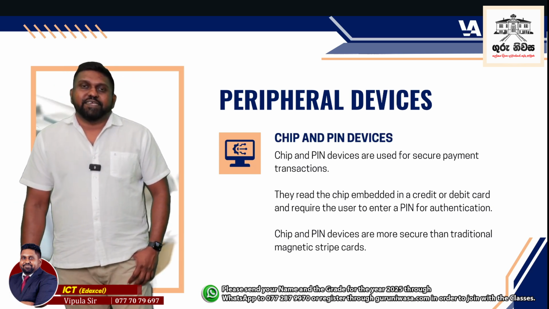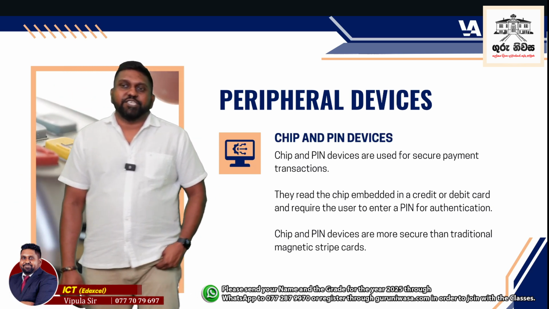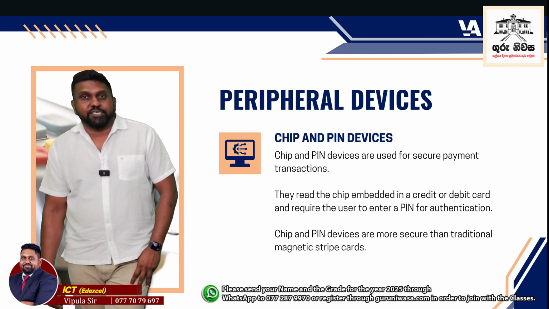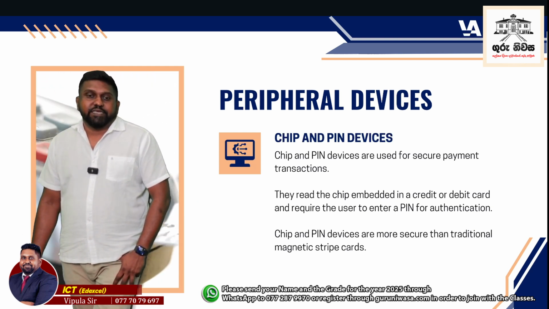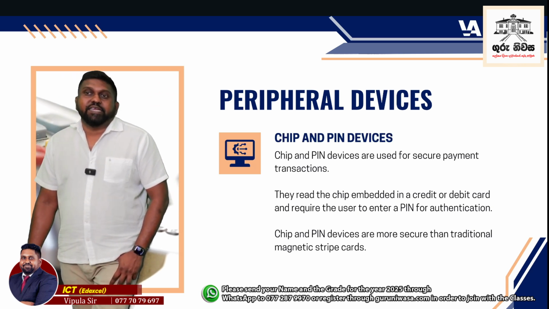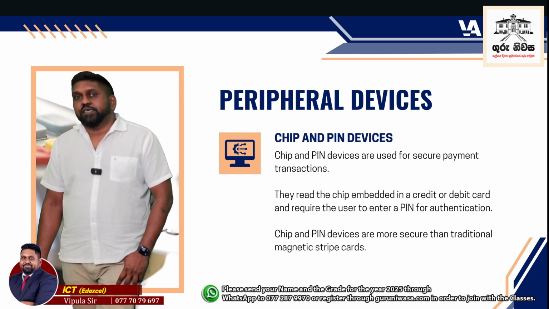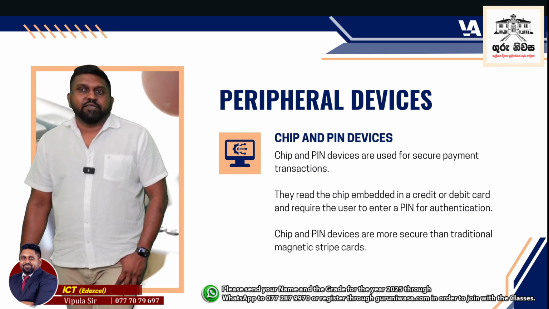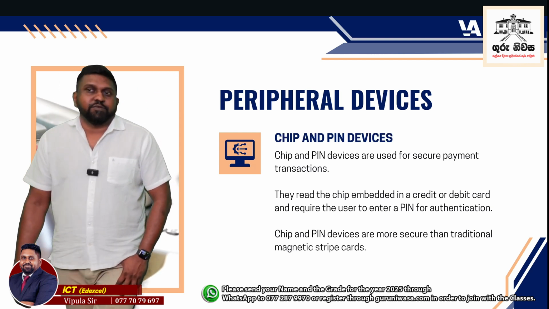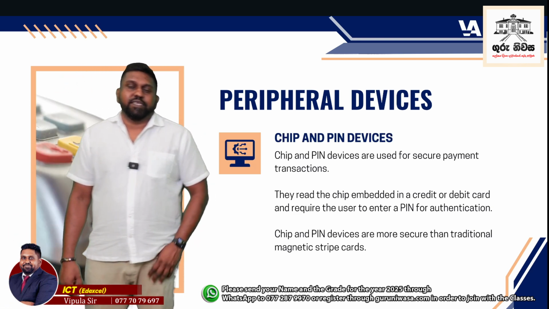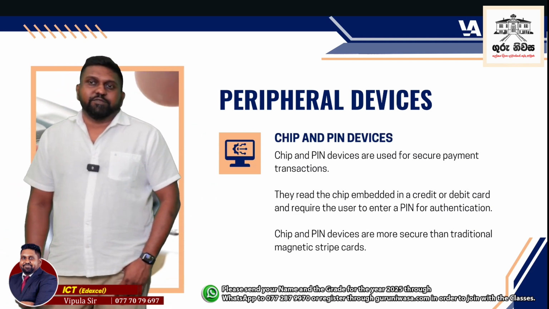These devices have a chip and a pin associated with that particular chip. When you put that into the card machine, it validates and allows you to perform a transaction. So chip and pin devices are used for secure payment transactions. That is what they are being used for.